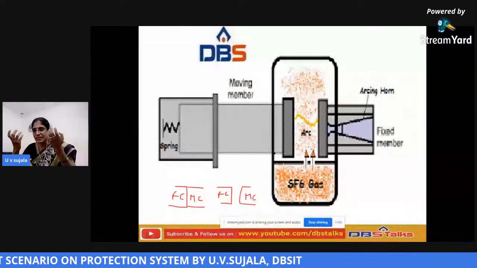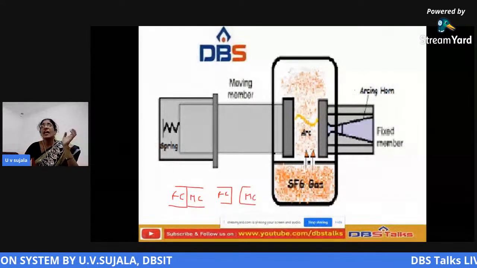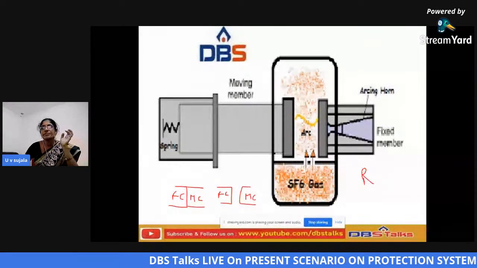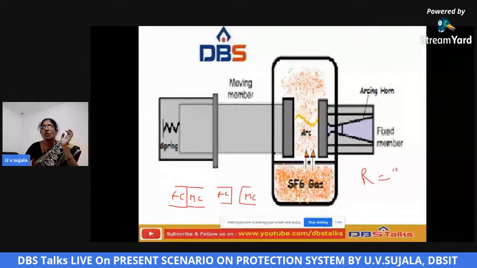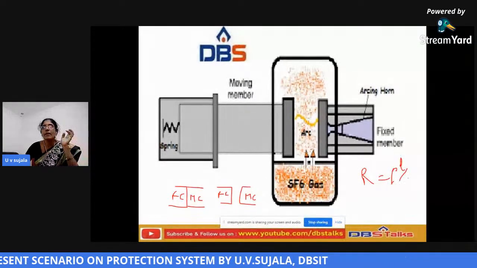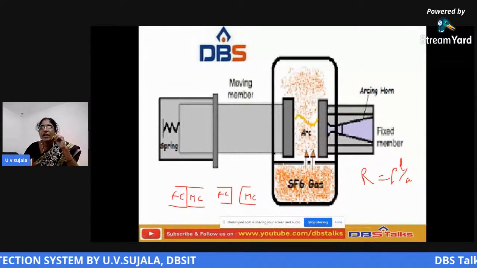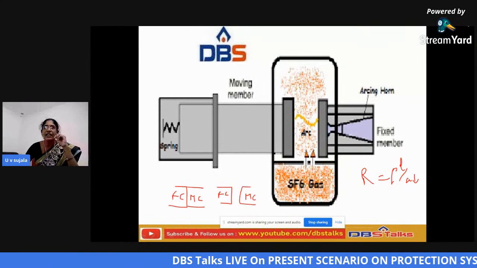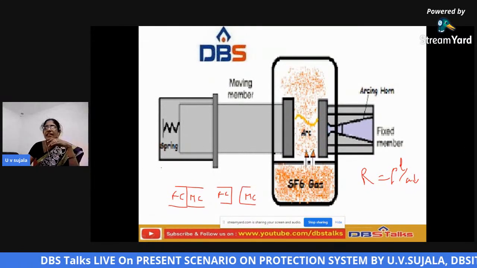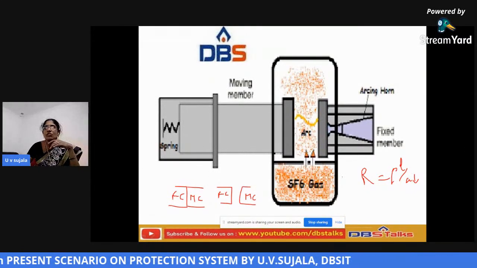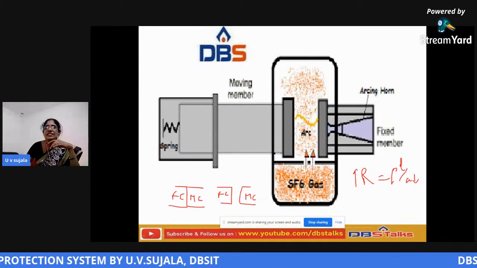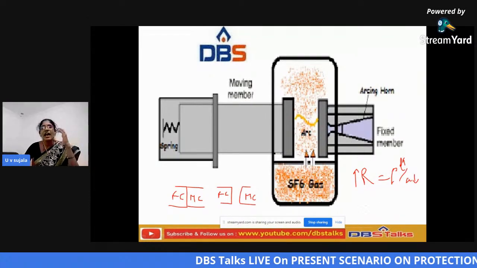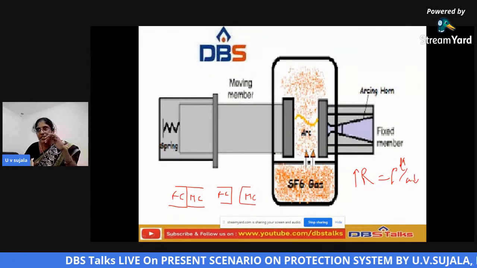High resistance method means, we already know that R is equal to rho L by A. Whenever we decrease the area of cross section, the resistance increases, and we also increase the length and the resistivity of the material.